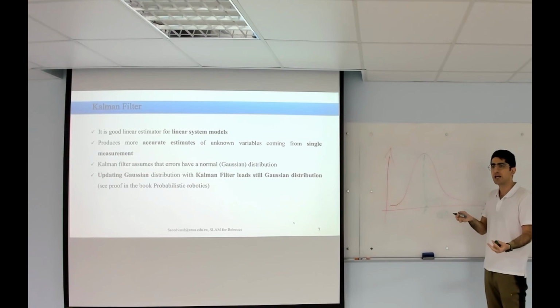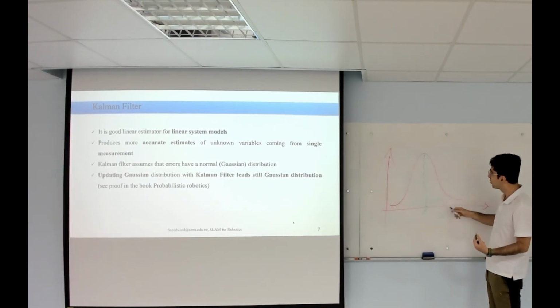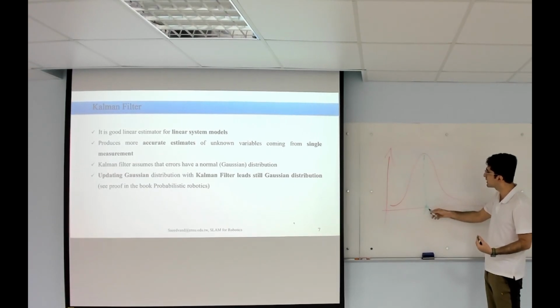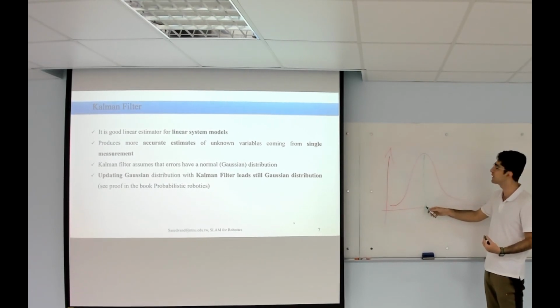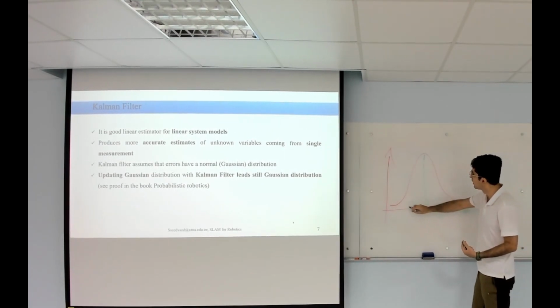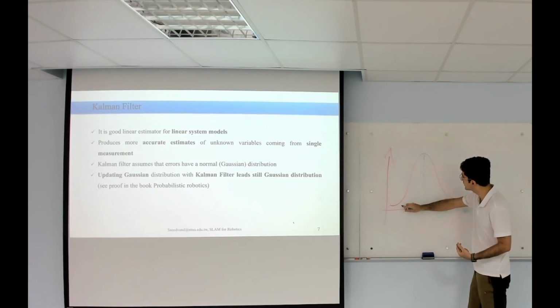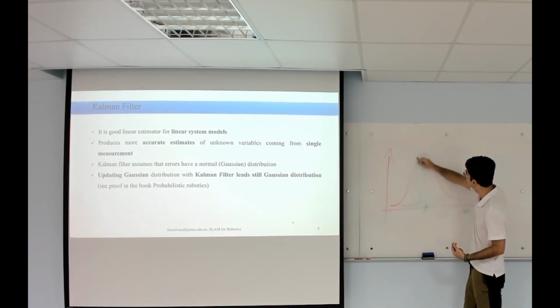Or if we have an IMU, what is the value that it is reading for balancing? So all those can be shown as the mean, and covariance shows how much error we have, how certain we are that our data is accurate. If we are very certain, our Gaussian distribution will be something like this, maybe.